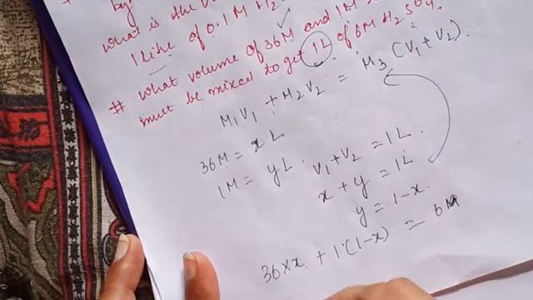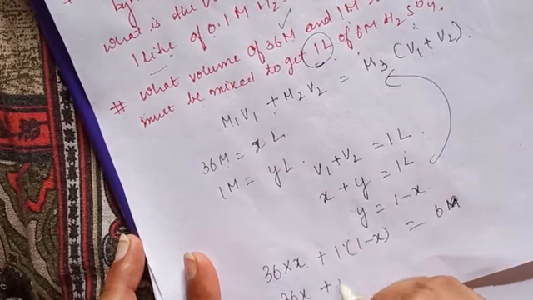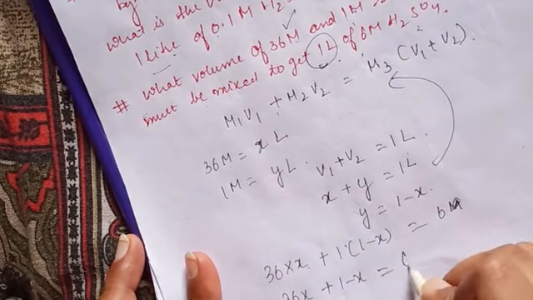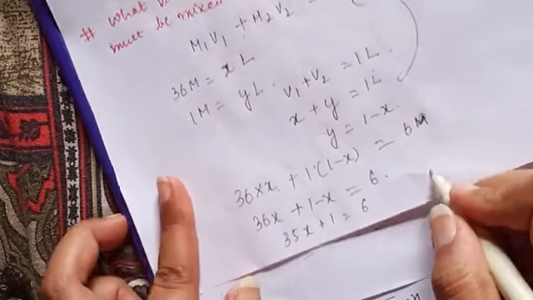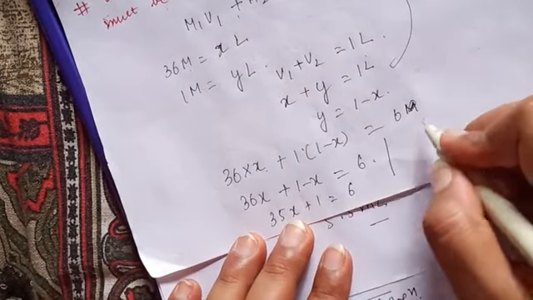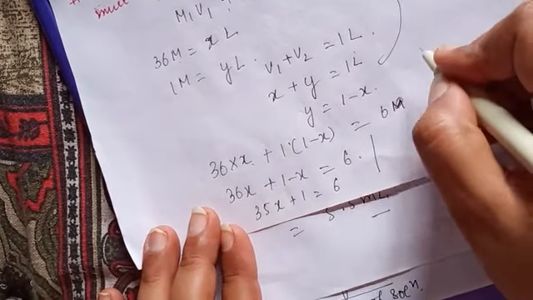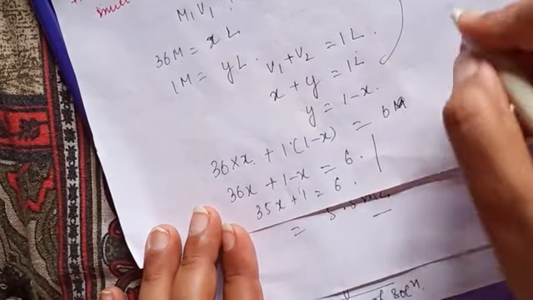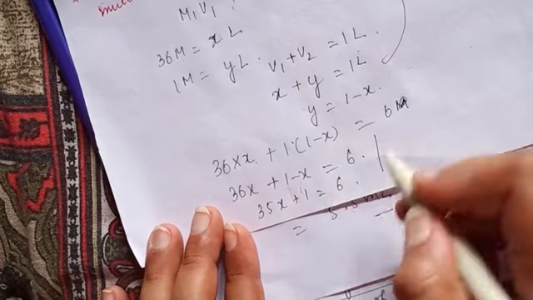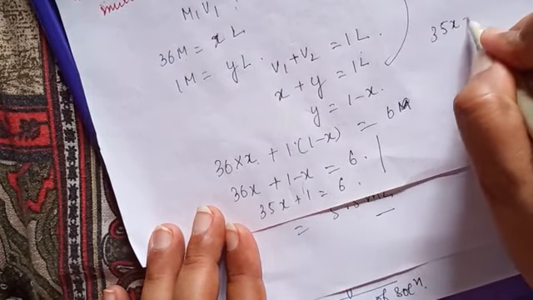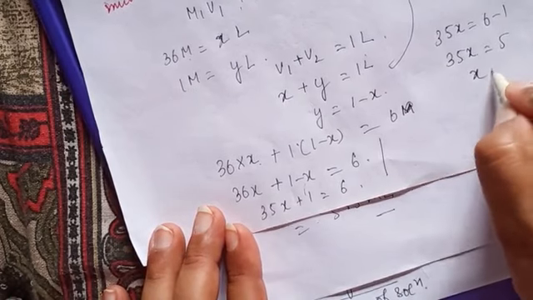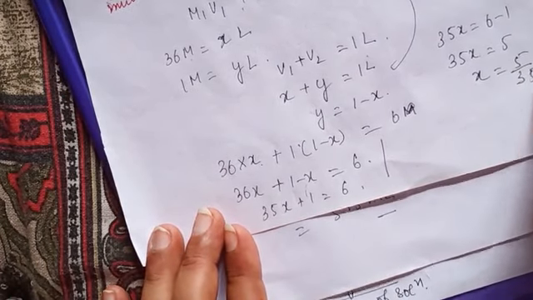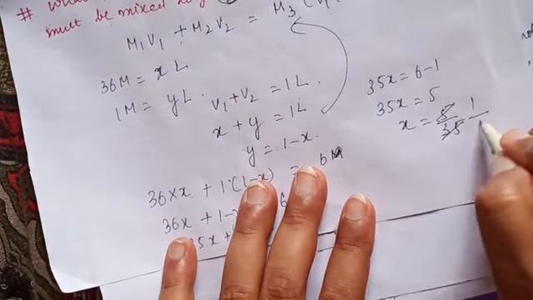So 36X plus 1 minus X is equal to 6. 35X plus 1 is equal to 6. Take 1 to that side: 35X is equal to 6 minus 1, that is 5. That means X is equal to 5 by 35, that is 1 over 7.